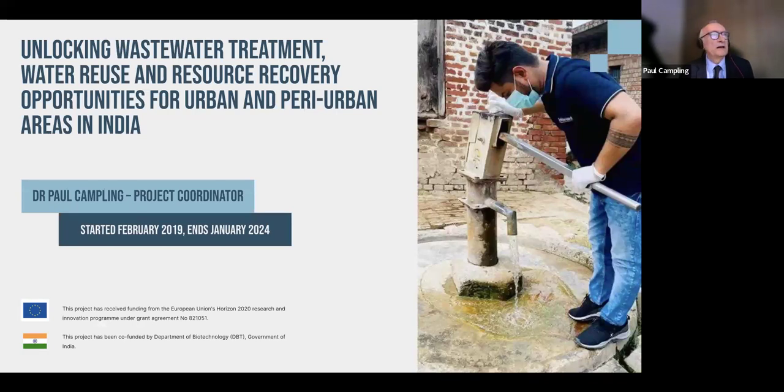We want to move away from wastewater being seen as a burden to society, and see it as an opportunity to reuse the treated wastewater, and also to take out of the waste some of the properties which are really beneficial for us, such as bioenergy and using waste for fertilizers.